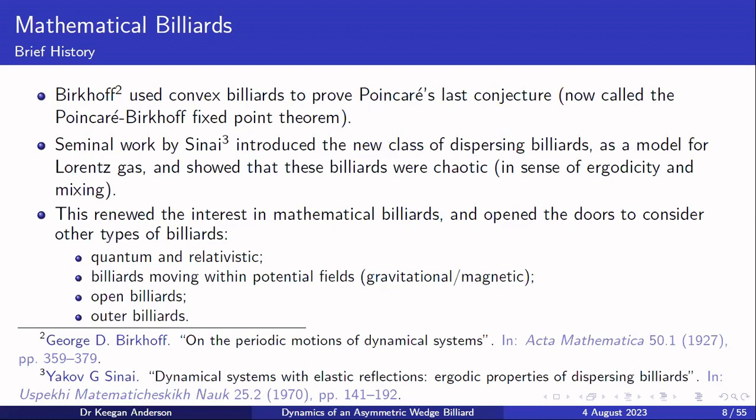There is also the concept of open billiards, where your billiard table has a hole in its boundary, and you try to see how long it takes the billiard particle to escape. And also outer billiards, where, and this will become clear in my next slide, in my first example the billiard was moving inside the boundary. In outer billiards, you've got it moving outside. So there's some research being done in that as well.